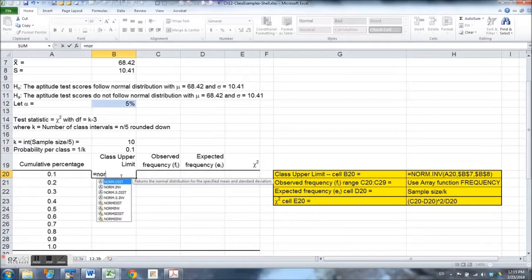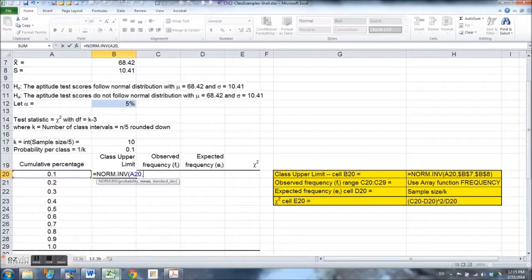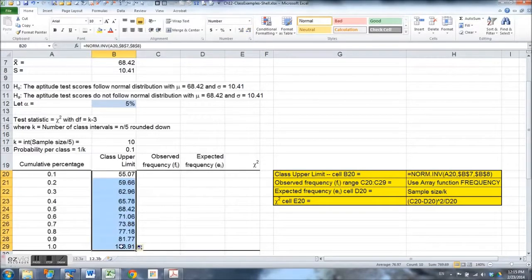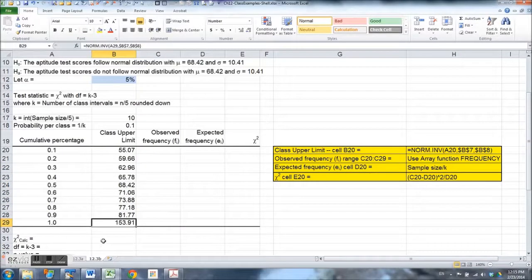So norm.inv, cumulative probability is that, and we use x bar for the mean, absolute referenced, and s for the standard deviation, absolute referenced. That gives us the first upper limit. We copy that down, and that gives us the upper limit for the rest of the classes. We'll continue this problem in the next video.